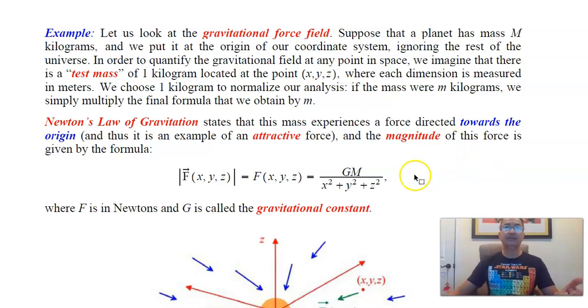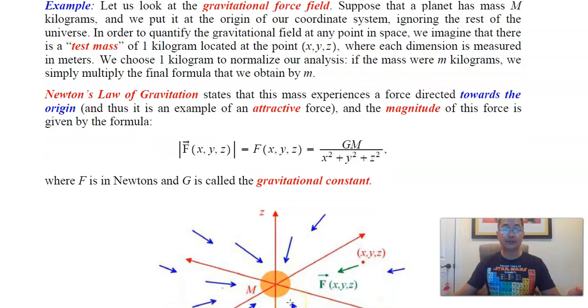More importantly, the strength of the field, in other words, its magnitude, is governed by what's called an inverse square law. So we mentioned that x squared plus y squared plus z squared, that's the distance squared from the point to the origin.